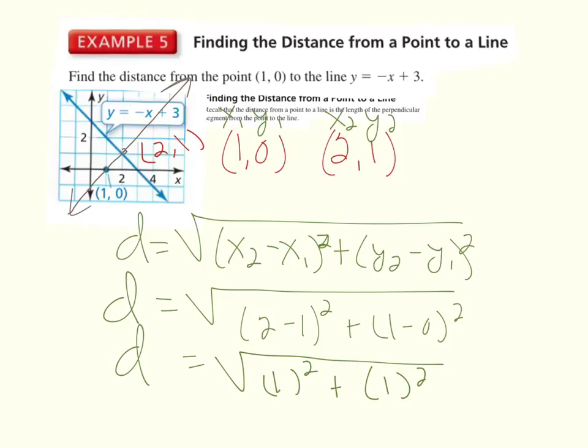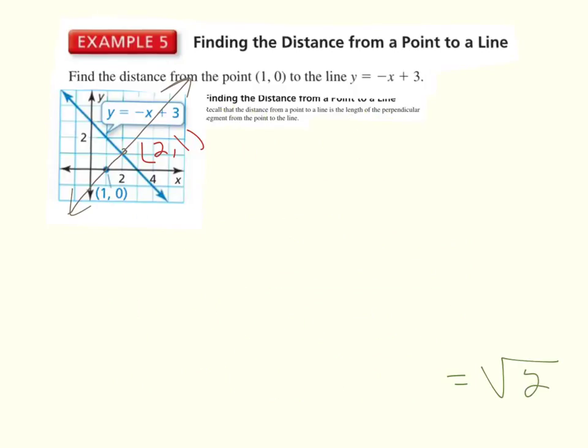So it'll be the square root of 1 squared plus 1 squared, which if we do that out, you'll just get the square root of 2. So the distance from the point (1, 0) to this whole line will be the square root of 2. You can approximate that if you want. You could say 1.4 units.